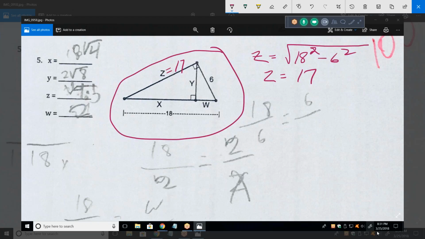There's a couple of ways we can do this problem. One is by using trig functions. The other is by using the geometric mean. I suspect that they want you to use the geometric mean. So give me an equation. So 18 over 6 is equal to 6 over x.